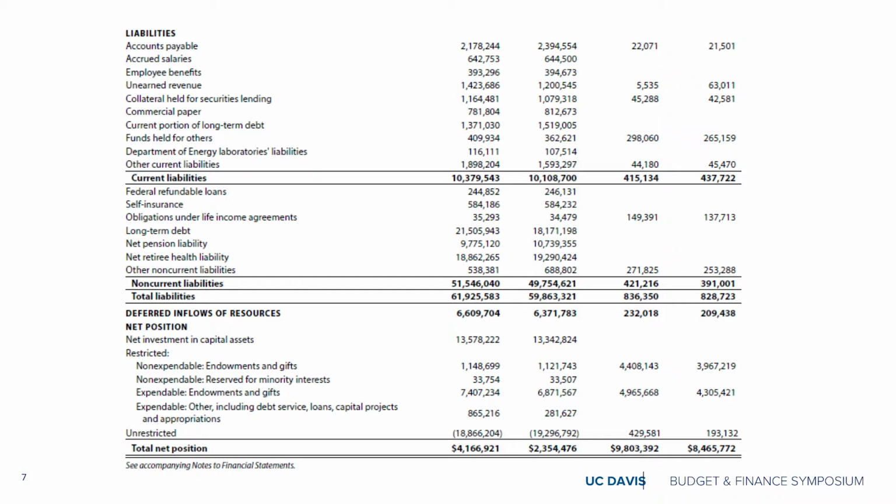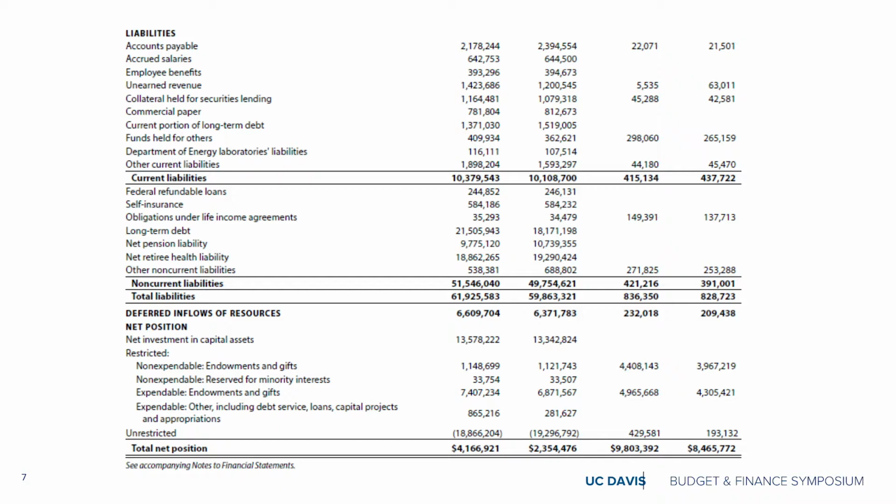And I will point out that Davis is about 10, 11% of the total university system-wide numbers. Just to point out too, we've got our net position, our non-expendable endowments and gifts, expendable endowments and gifts, and then our unrestricted. Does anyone notice anything strange about that unrestricted balance? It's negative.